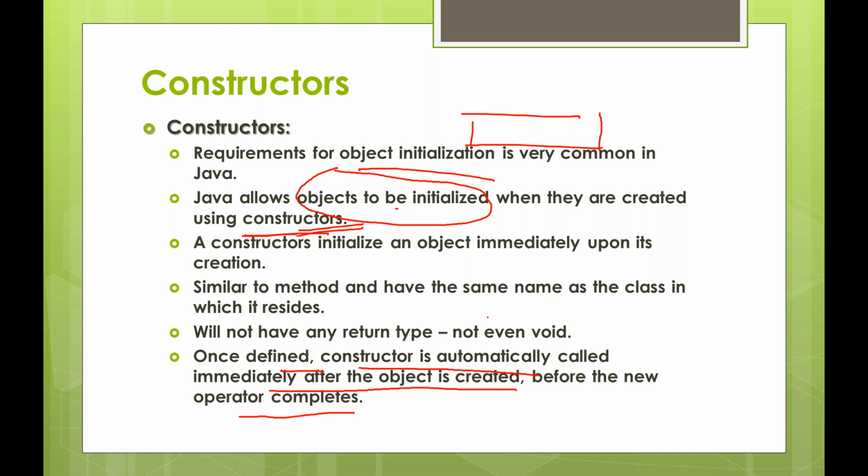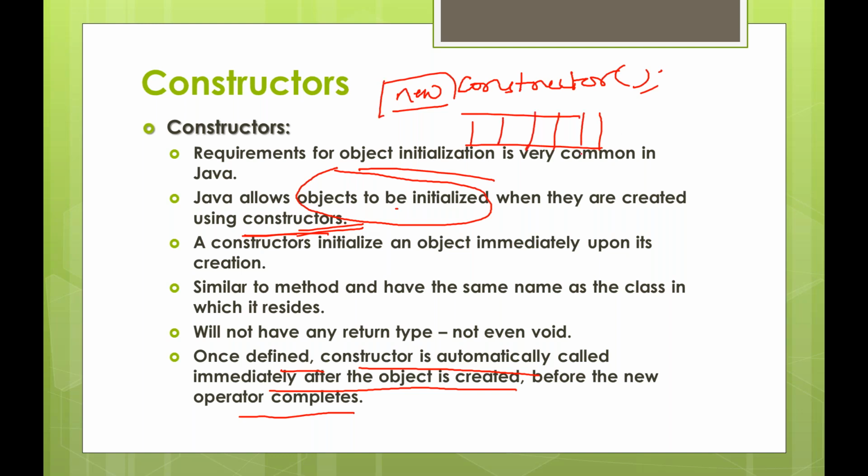So in order to create an object, we use the new operator, and then the constructor of a class. When you call the new operator, what does it do? We know, right?